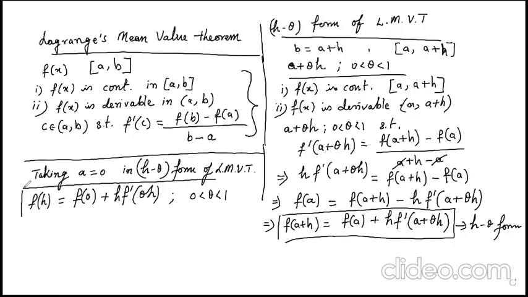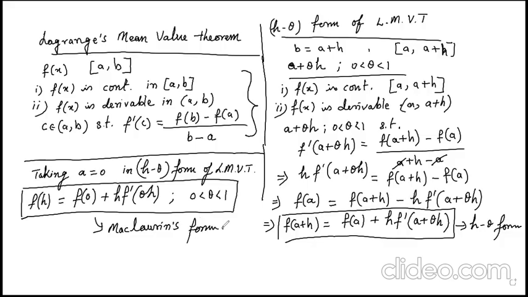This form is known as Maclaurin's form of LMVT. So in this way, from the basic definition, just by some substitution, we can obtain two other forms of LMVT. One is the h theta form, which we can utilize in our problems. Another one is the Maclaurin's form that will also be utilized as an application in your problems. All right.